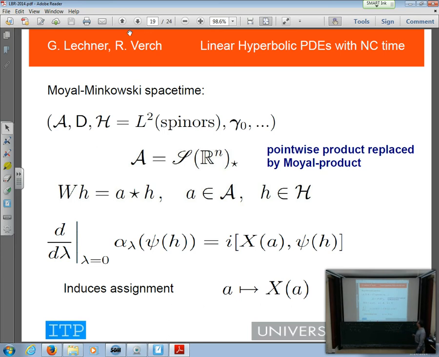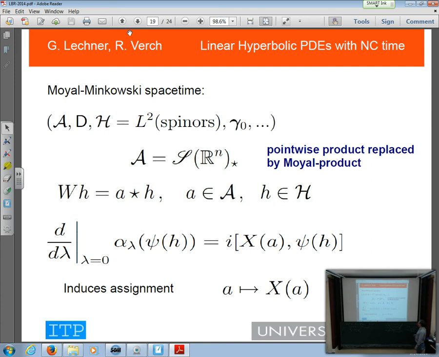Well, it lies in this assignment, which we get here. I'm not saying what these operators are. They are there, and they have interesting relations, where in fact the Moyal-Rieffel product of operators enters, or if you like, the warped convolution product of you know who enters.